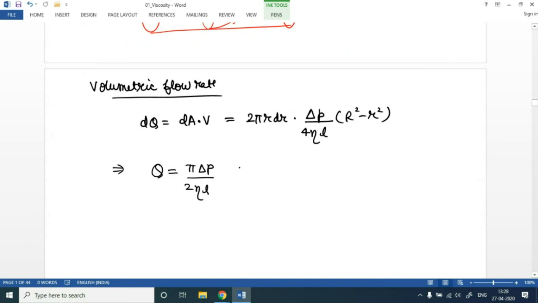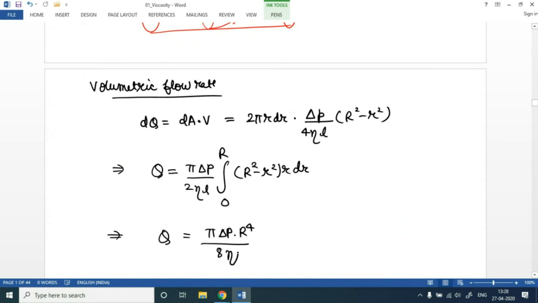We can take it common, and that would be R square minus r square into r dr, with limits from 0 to capital R. Solving this, we get the expression pi delta P into R to the power 4 divided by 8 eta L. This is the expression for the volumetric flow rate inside a capillary, and this expression is known as Poiseuille's equation.